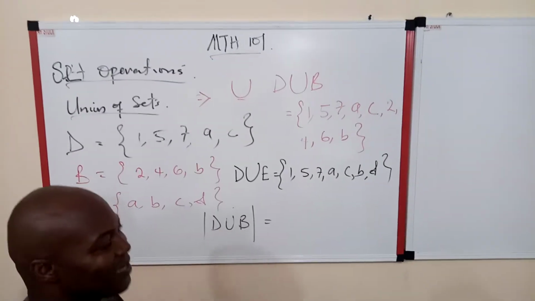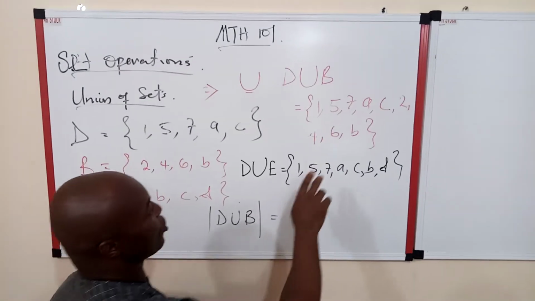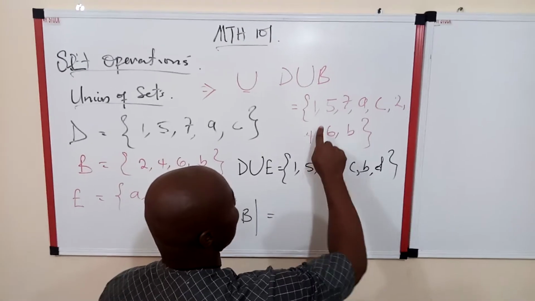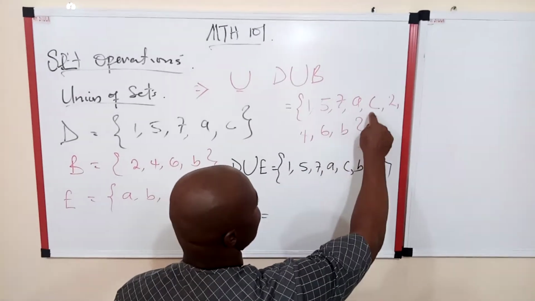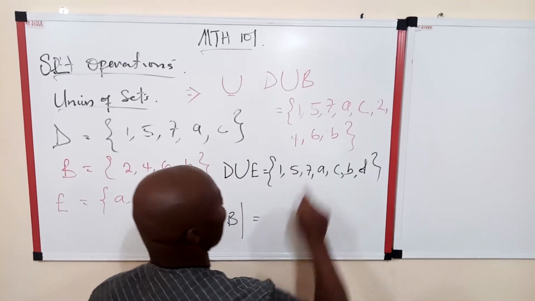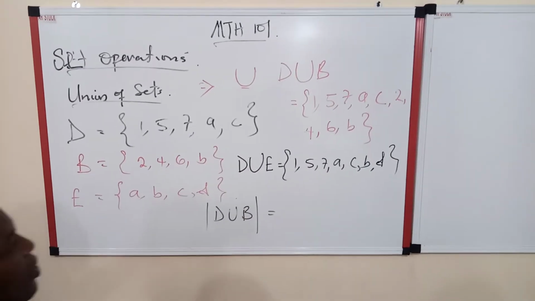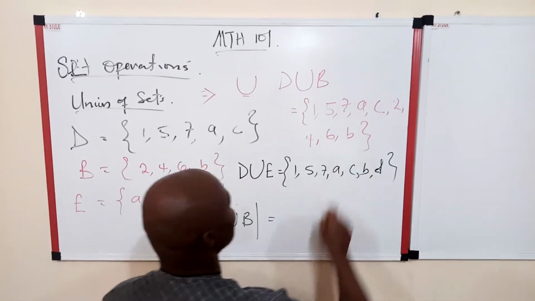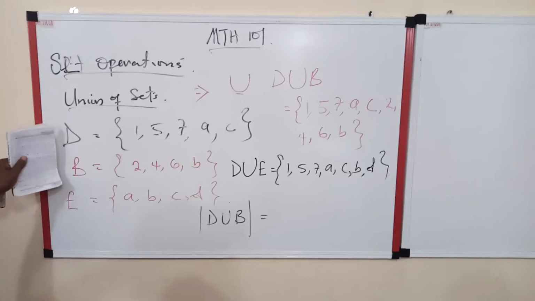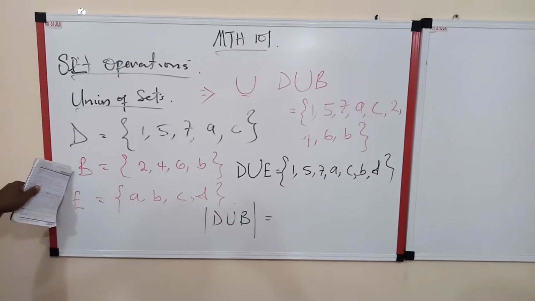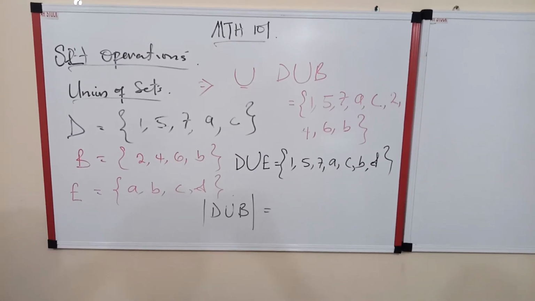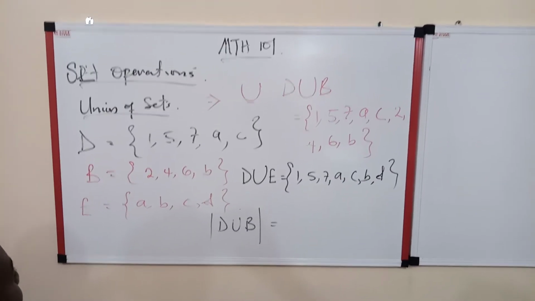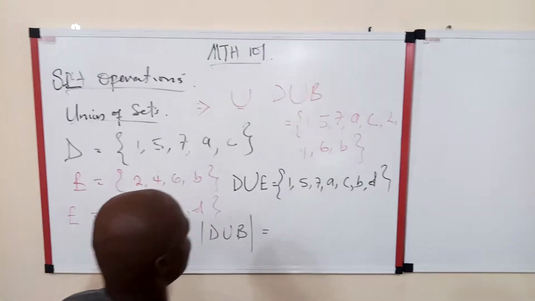It's just to know the size, the number of elements in that set. So we can go straight away by counting 1, 2, 3, 4, 5, 6, 7, 8, 9. 9 elements. D union B contains 9 elements, and you can see that that is true.